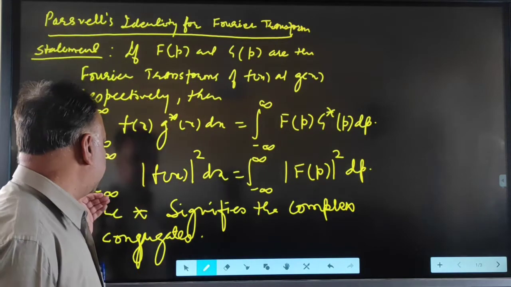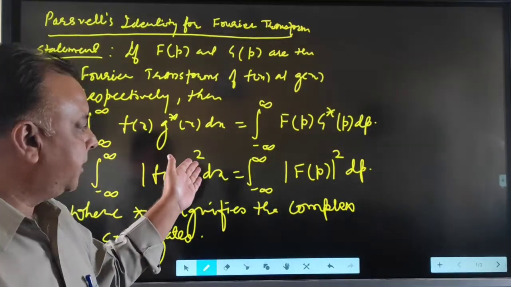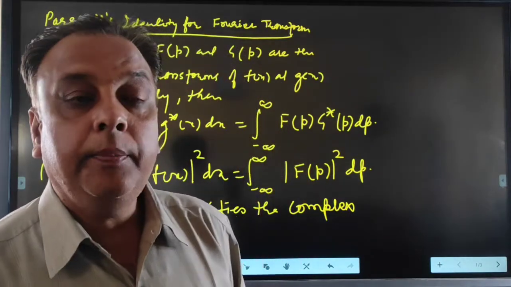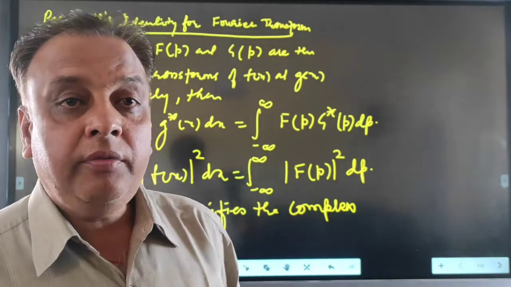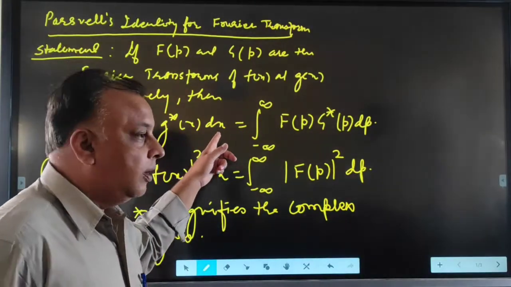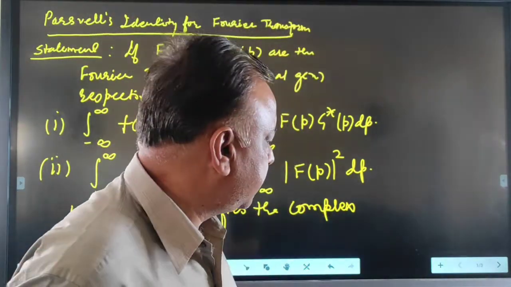This can also be written, when we take the function g(x) as f(x), as integral from minus infinity to infinity of modulus of f(x) square dx is equal to integral from minus infinity to infinity of modulus of f(p) square dp. This is the Parseval's identity for the complex Fourier transformation.